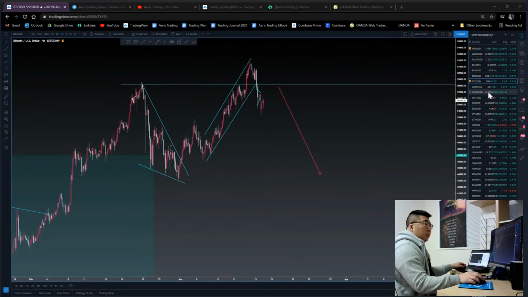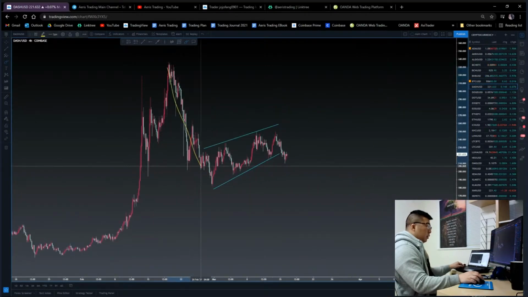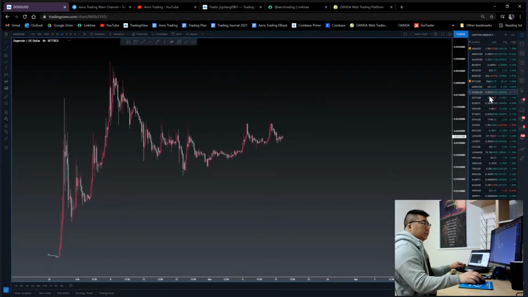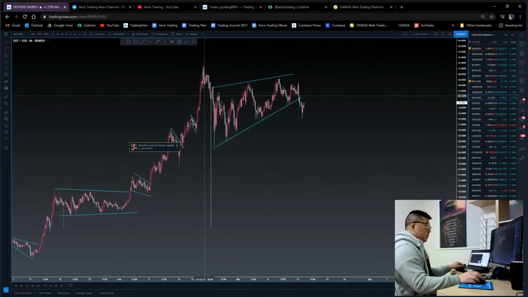Let's look at a few more coins. See, Dash also looking pretty bearish. If we break out, it looks like we can continue lower. DOT USD, same idea here. I hate to say that this is a bearish move down. This looks like an expanding structure, and we're pushing down now.